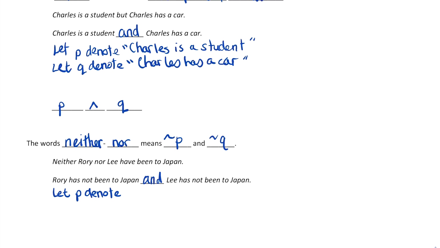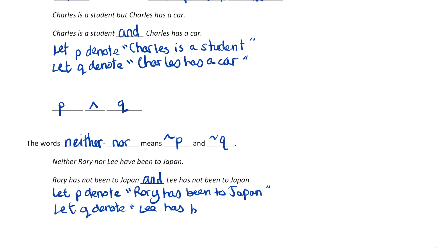So let P denote Rory has been to Japan. And if we let Q denote Lee has been to Japan, then the way we would write this would be not P and not Q. All right? Cool? Awesome.